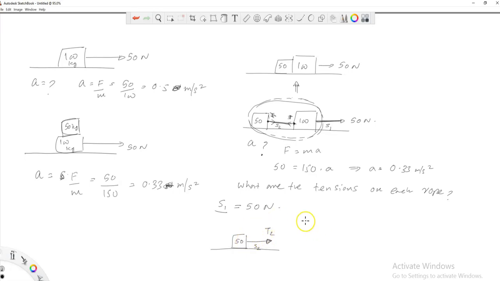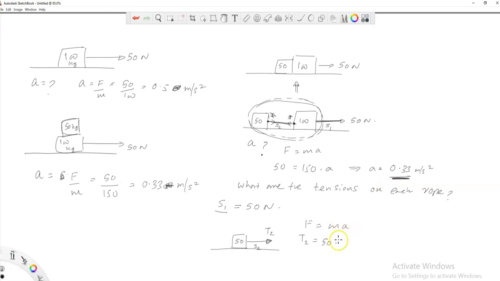Now let's write F equals ma for this little box. The force is what I need to find out. So tension 2. The mass of it is 50. We know that this whole thing, both boxes, are moving at this acceleration 0.33. They move as a system, so the little box also has the same acceleration.